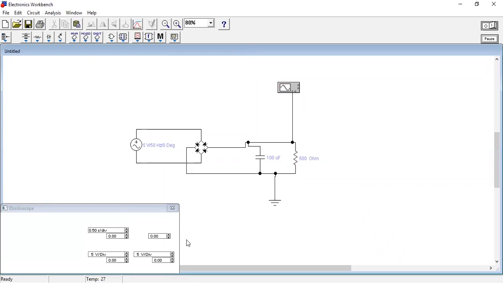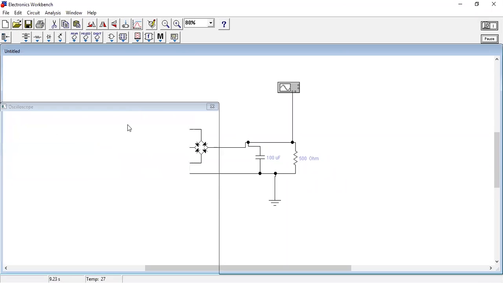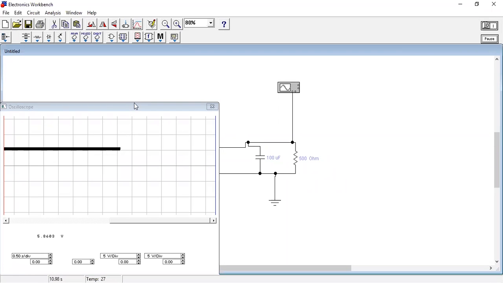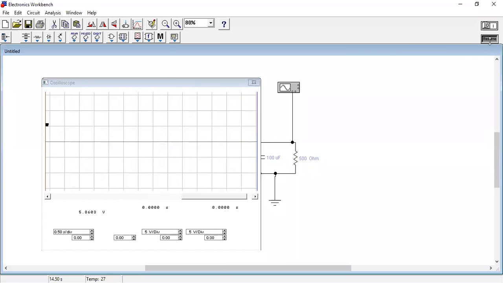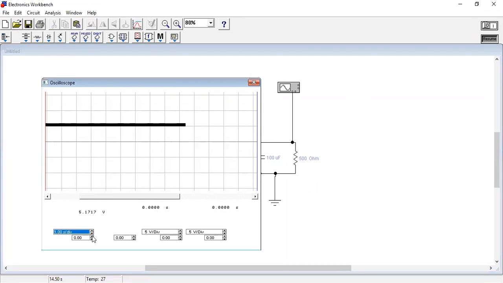So now we need to run the circuit. Okay, this is your output waveform for the full wave rectifier.